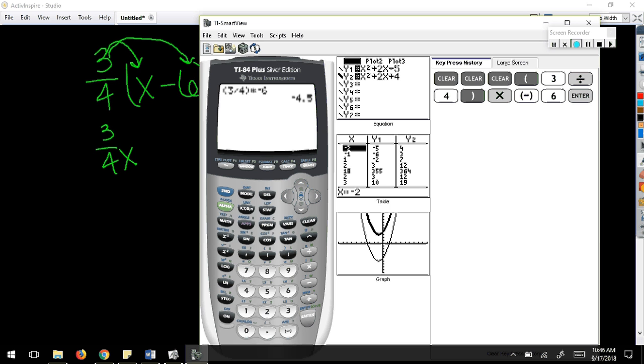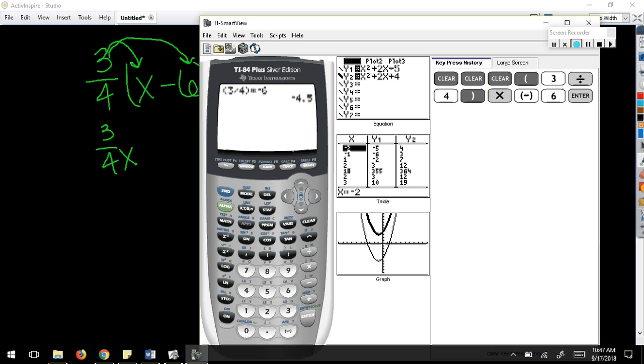Okay. Now, here's the thing. When I start with fractions, I want to end in fractions, okay? I don't want to go from fraction to decimal. I want to keep fractions. Did you put this in parentheses? 3/4, divided.